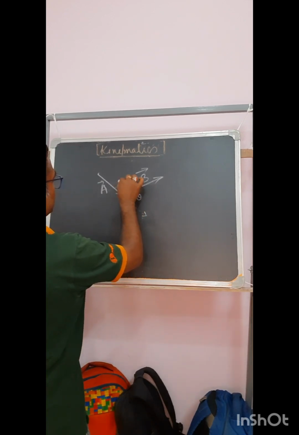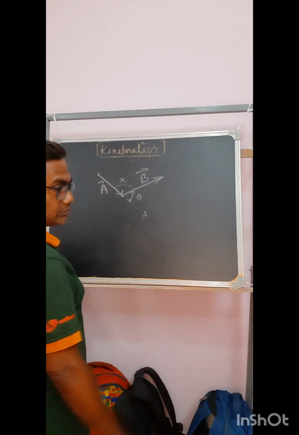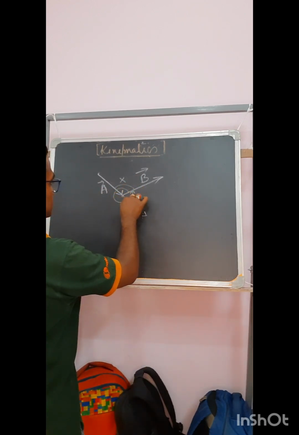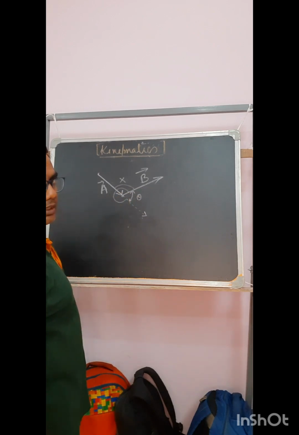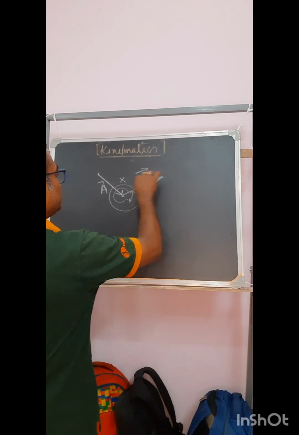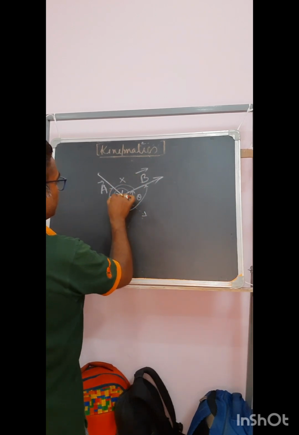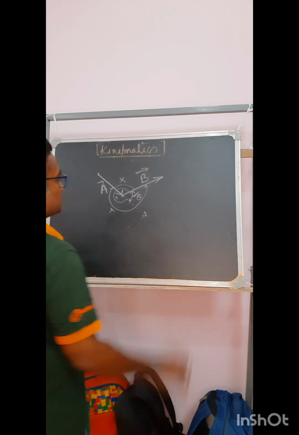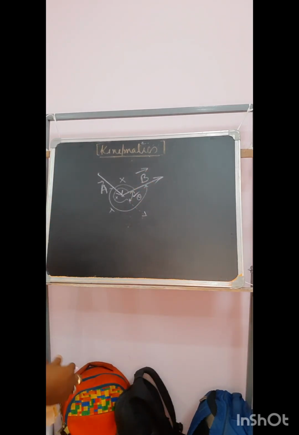This angle is not the angle between the vectors, neither is this one. Only this angle is said to be the angle between two vectors.